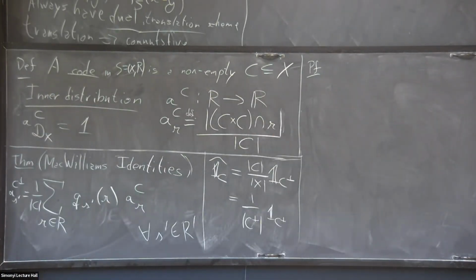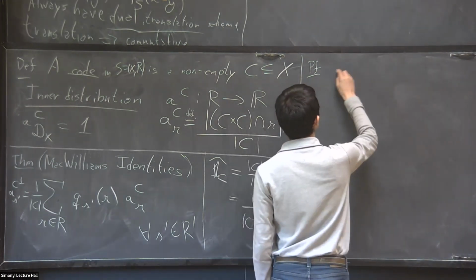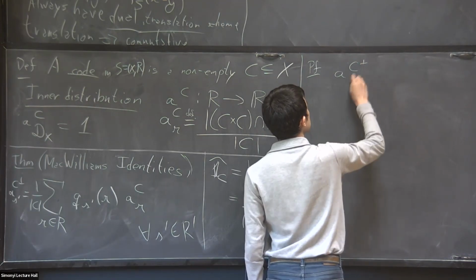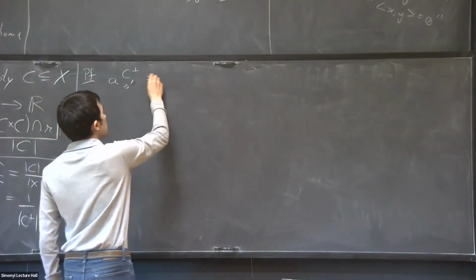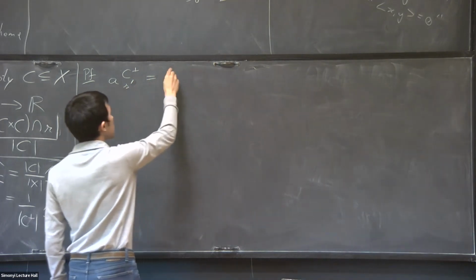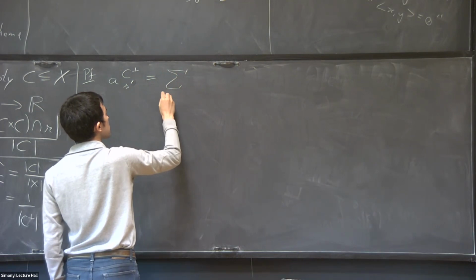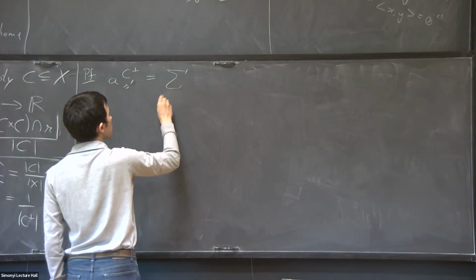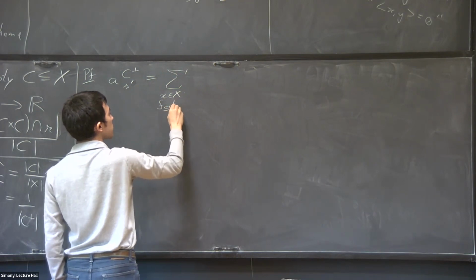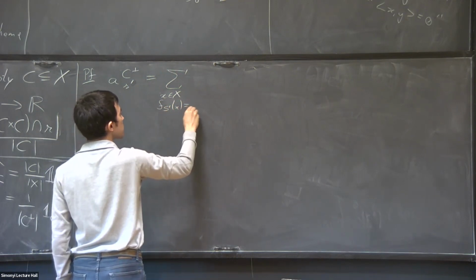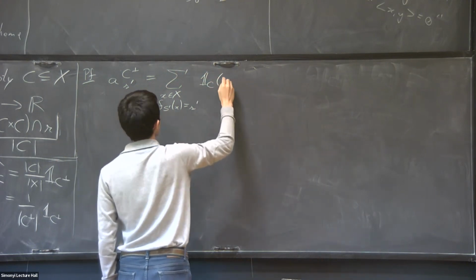Okay, so let's prove the MacWilliams identities then. There's not much I can do here. I can just sum over all codewords x such that f S' of x is equal to S', the indicator of the code of x.